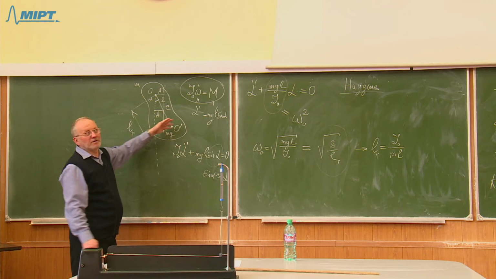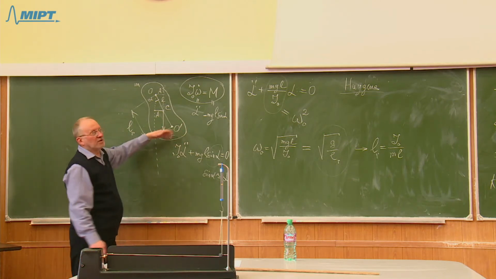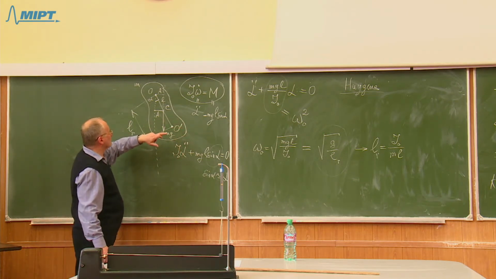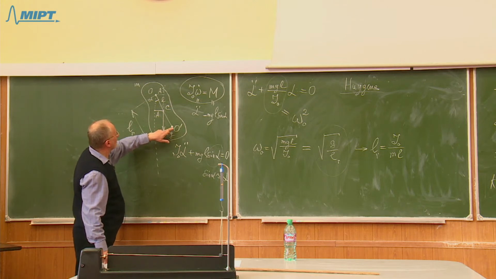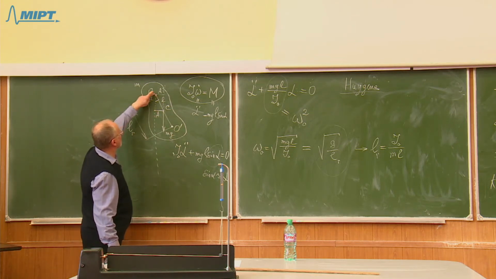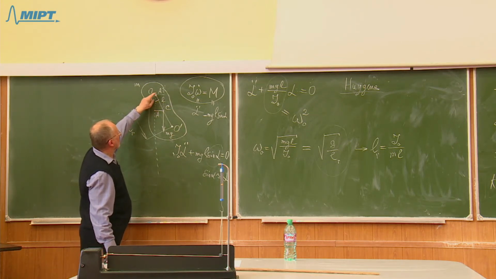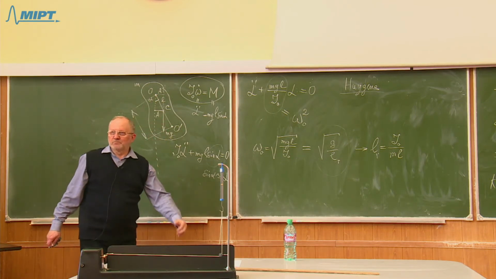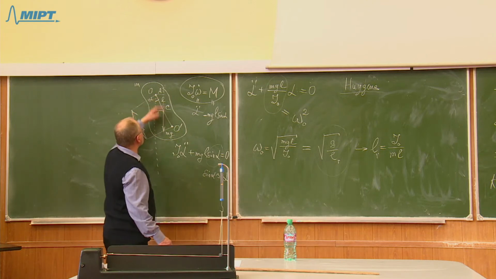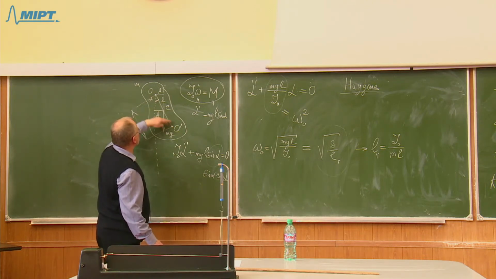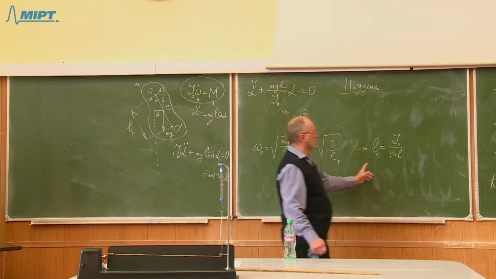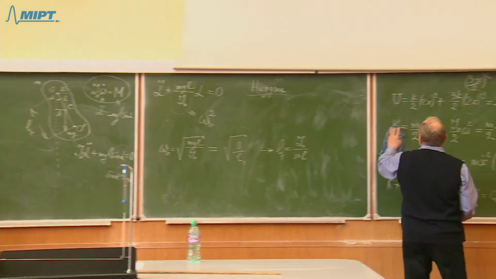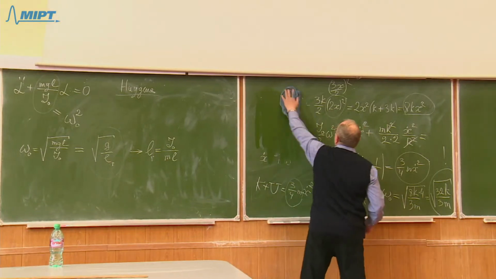The frequency of vibration and the period of oscillations will be the same, either you suspend it by point O prime or by point O. This holds if the distance between these two points of suspension equals the reduced length, which is given by this formula. That is Huygens' theorem.